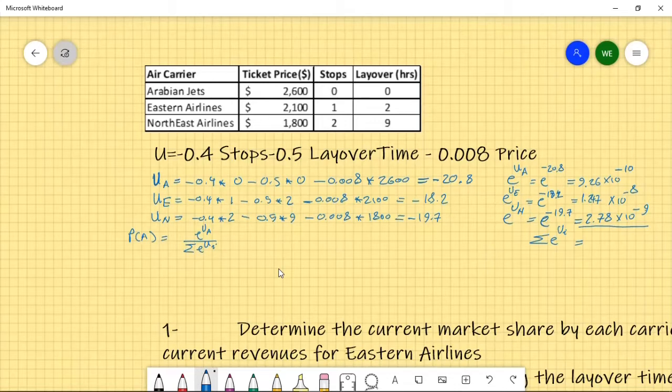So this would be 1.6178 multiplied by 10 to the power minus 8. So here this will be 9.26 multiplied by 10 to the power minus 10 divided by 1.6178 multiplied by 10 to the power minus 8 equals.